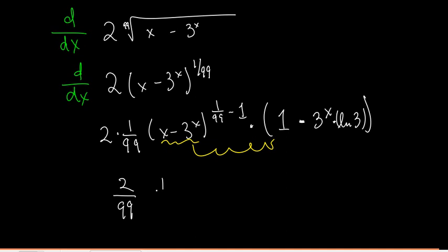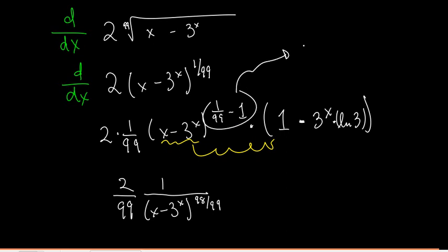So we can put that on the bottom if you want. So we have x minus 3 to the power x to the positive 98 divided by 99, right? Let me just show you this quick calculation here. 1 over 99 minus 99 over 99 is equal to negative 98 over 99.